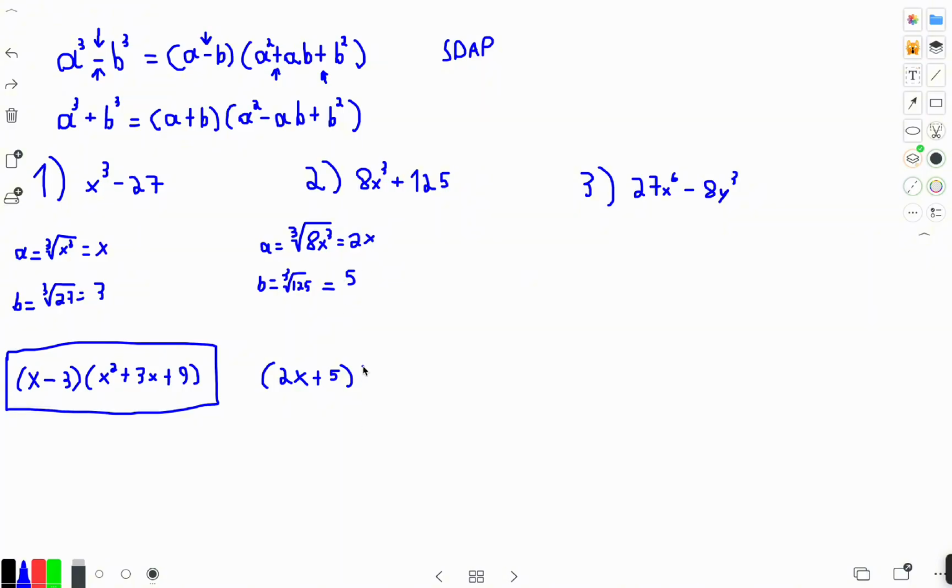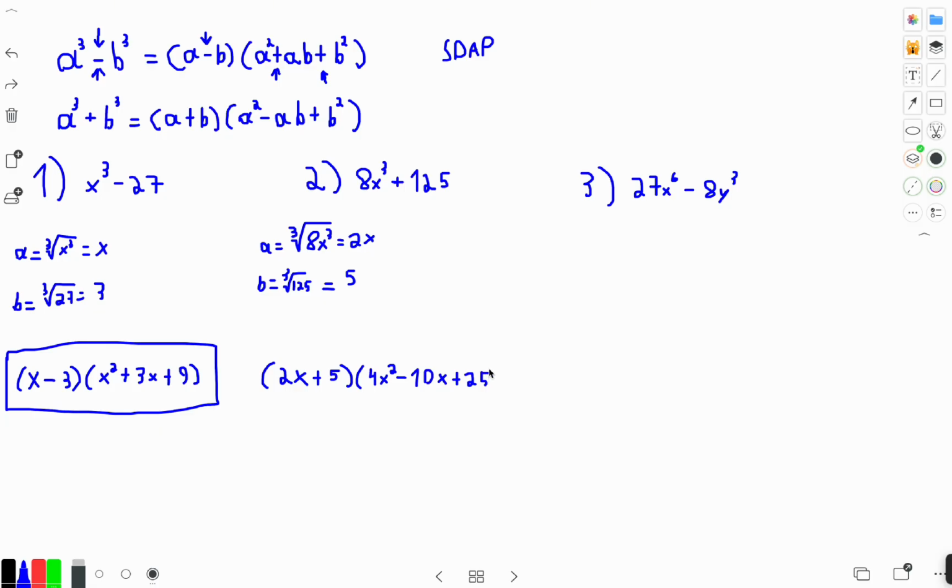So 2 squared is 4, x squared is x to the power of 2. So we have 4x squared minus ab. We just multiply 2x by 5 and we get 10x. So we have 4x squared minus 10x. And then our last sign is always going to be positive. And finally we have b squared. B is 5. If we square 5, we get 25. So this is our final answer.